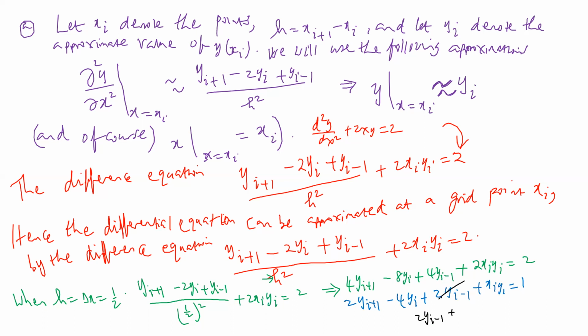Then now we're going to deal with this. So if you factor out xi minus 4 yi, what do you get? And then we have 2yi plus 1, and this equals 1.